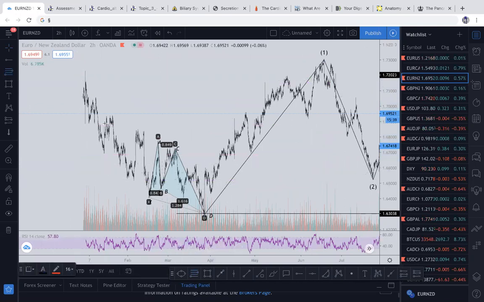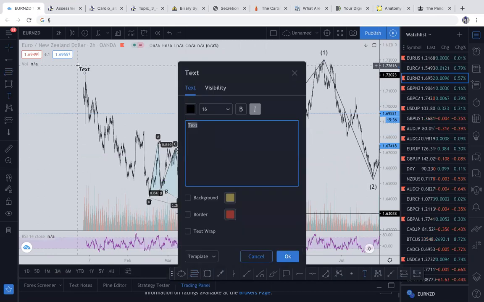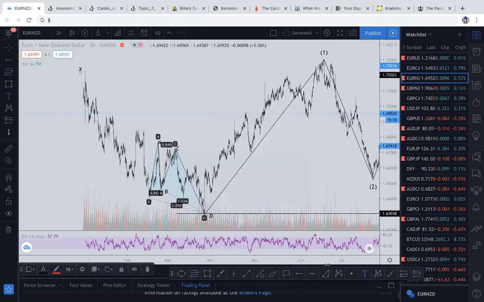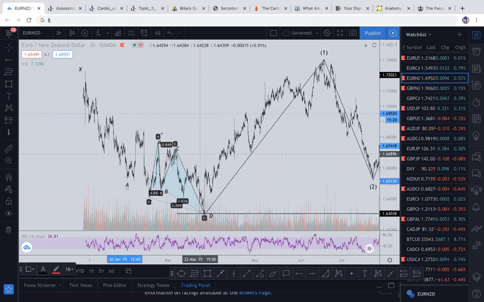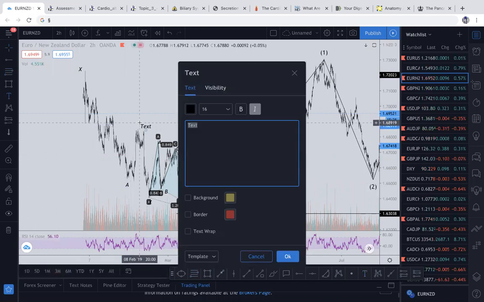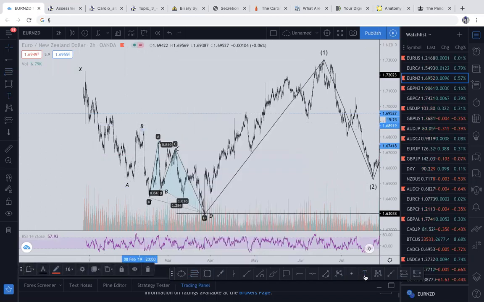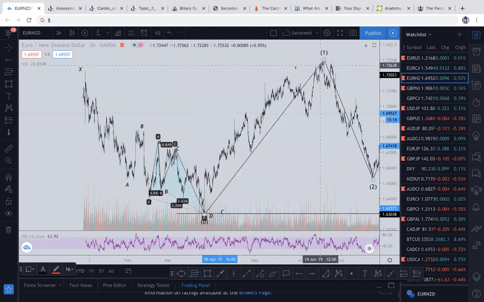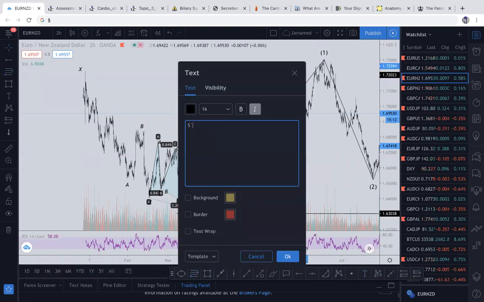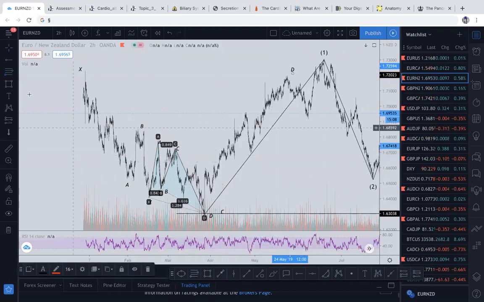Let's label it X, A, B, and where this area is, C. And now the D area is somewhere there. Let's fib it to see if we have a shark.